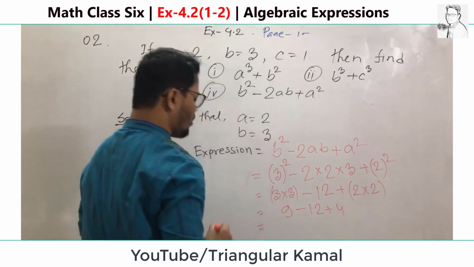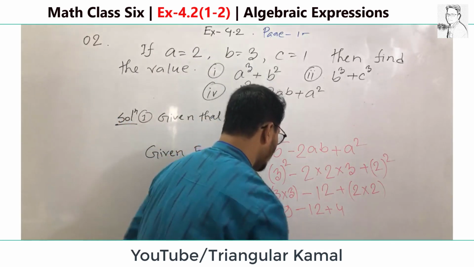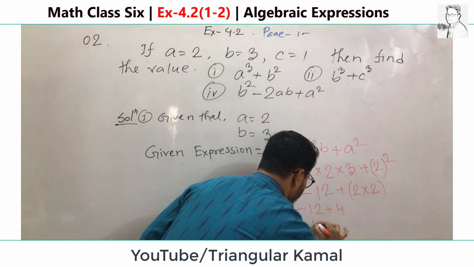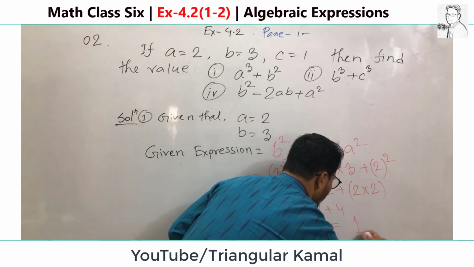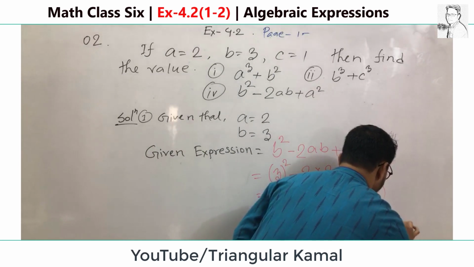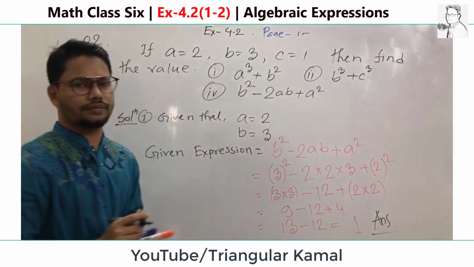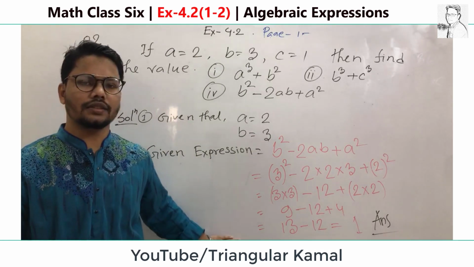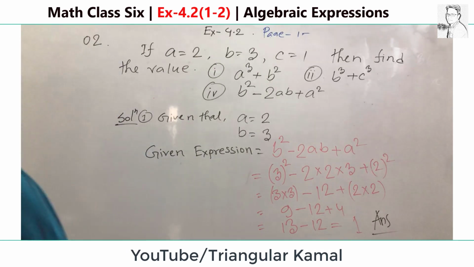This is now 9 plus 4 equals 13 minus 12. This is 1. The final answer is 1. Dear students, I think this is clear. Please let me know if you have any question.